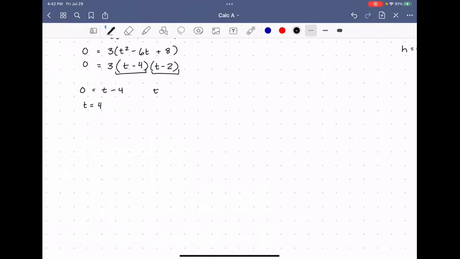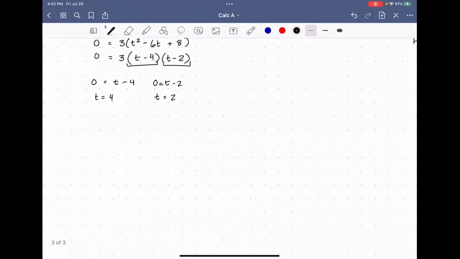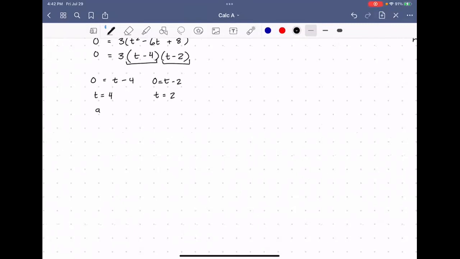Let's do that again on the other side. If I add 2 on both sides, t is going to equal 2. So at t equals 2 and t equals 4, the particle is at rest.